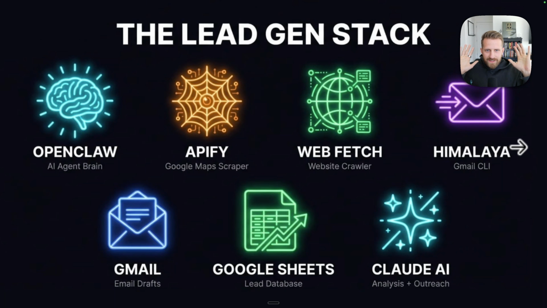All right, here's the exact lead gen stack that I use to create free leads. Obviously, you got to have OpenClaw. And I use Apify to scrape the leads. WebFetch is a tool that comes with OpenClaw to actually browse and crawl websites. Himalaya is Gmail or Google's new CLI, which is super powerful.